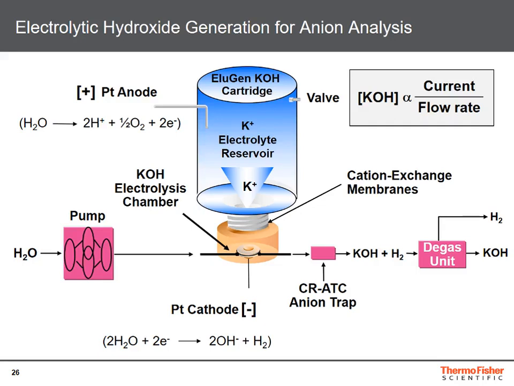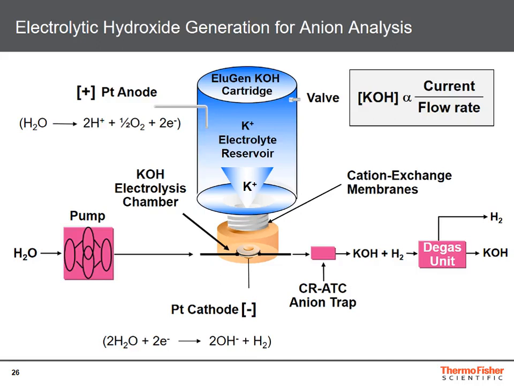Our final product is potassium hydroxide. But this is not the only reaction product. As you can see, we also generate a little bit of hydrogen gas, which has to be stripped before getting into the injection valve and finally be directed to the separator column.